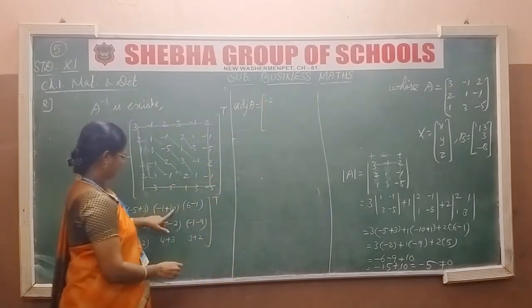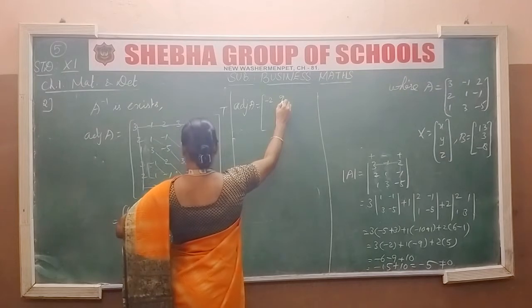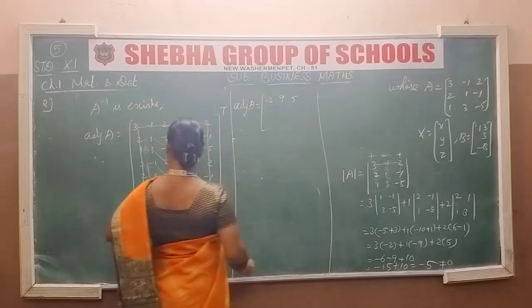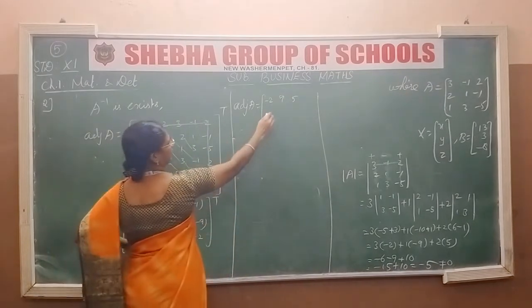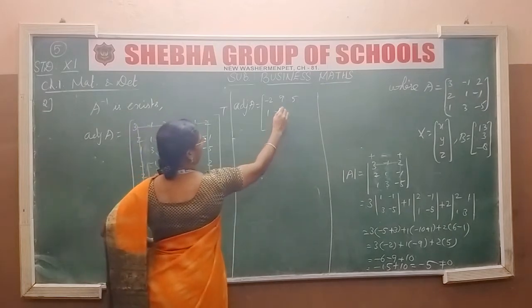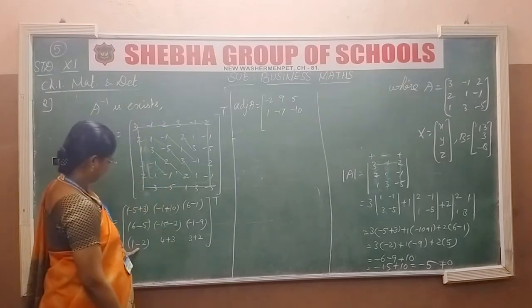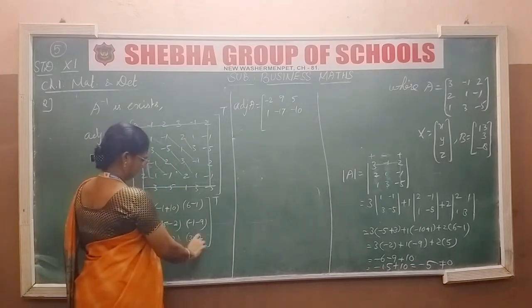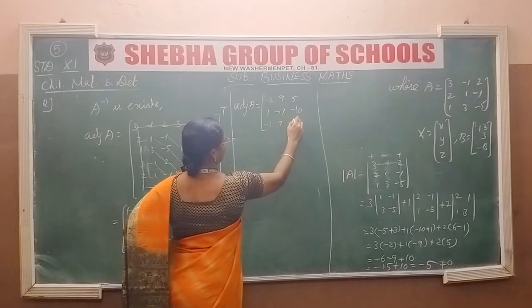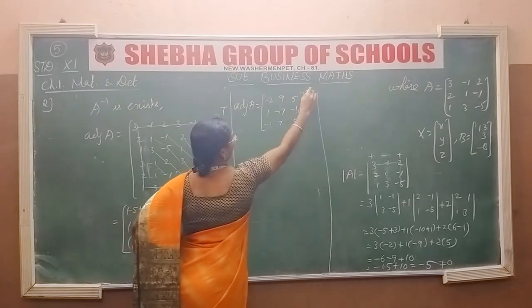Adjoint of A is equal to minus 2 and 10 minus 1 9 5 and 6 minus 5 is 1 minus 17 minus 10. Here minus 1 7 5, transpose.